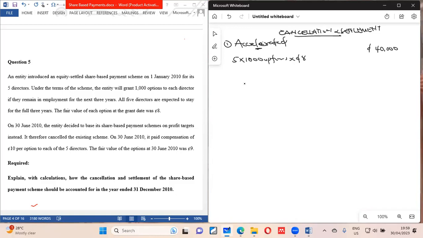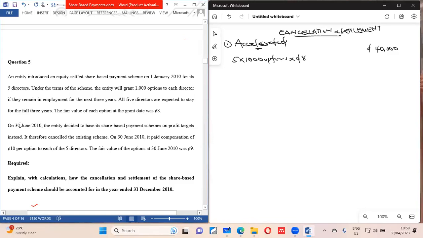So what we go ahead and do is that under normal circumstance in our first year, what would you have done? Okay, so we do that, we take it off. If you check, the question talked about them making a payment. So here the entity decided to make a payment on the scheme.